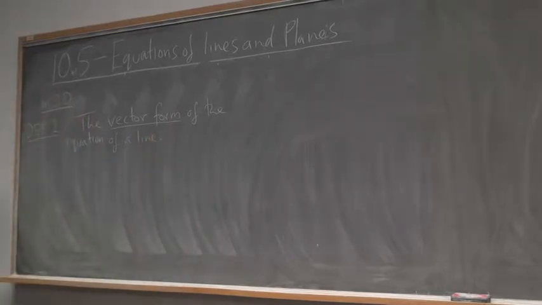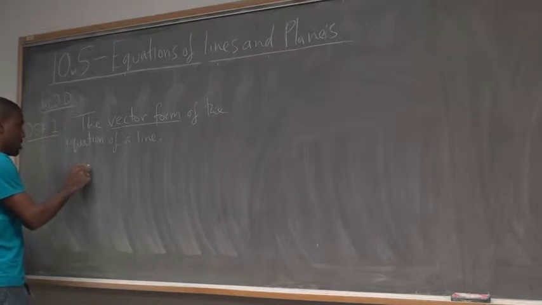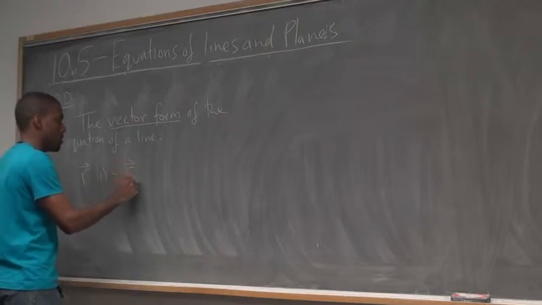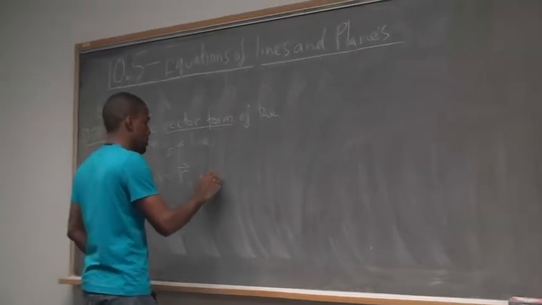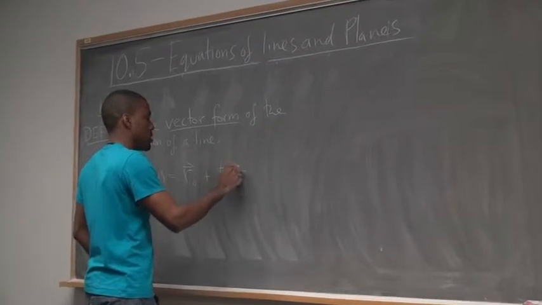And it is this: R, which is a function of t, is equal to R0 plus t times the vector V.